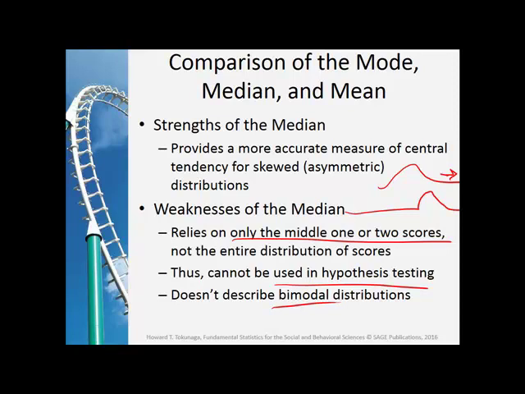And finally, the median doesn't describe bimodal distributions. So again, the situation where we have two humps and we have a median in the middle, we could have two humps, we could have one hump. We don't know the difference.